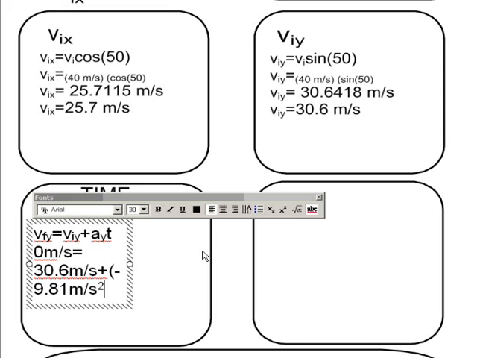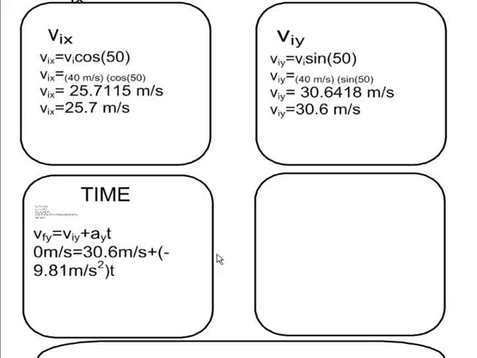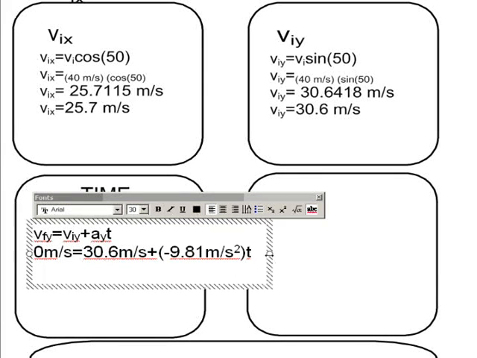So the same process here, 30.6 meters per second divided by negative 9.8 meters per second. That's going to give me my half time. And you'll see once I do this, and once I calculate this, that I will get the same answer as I did for the half time above.